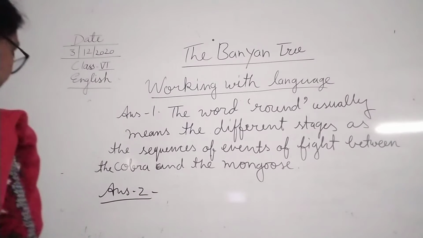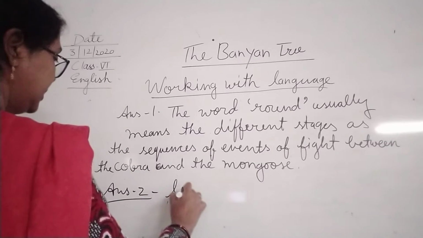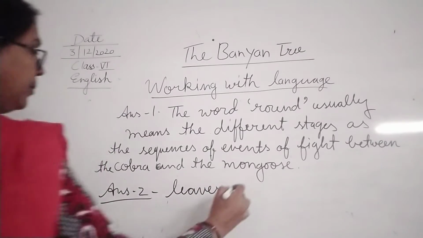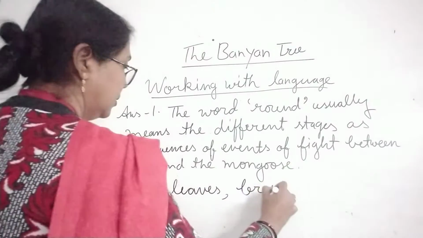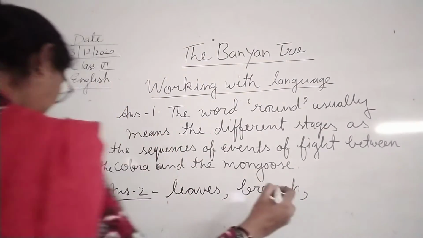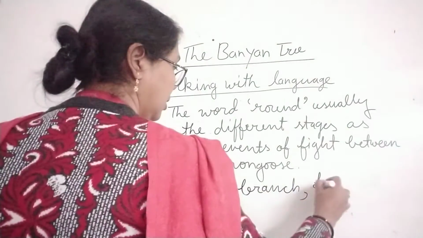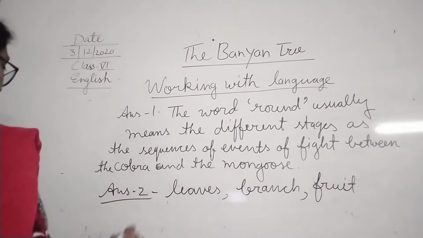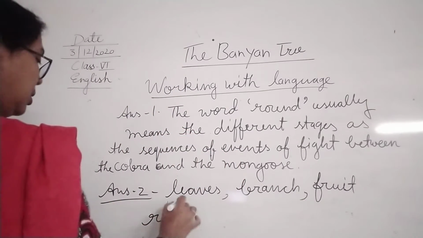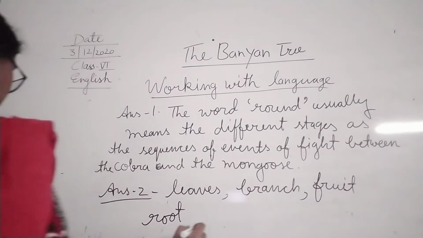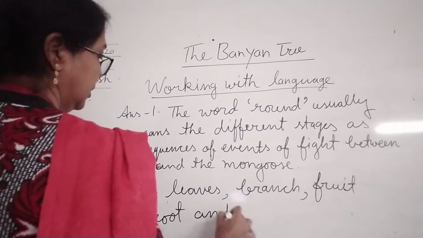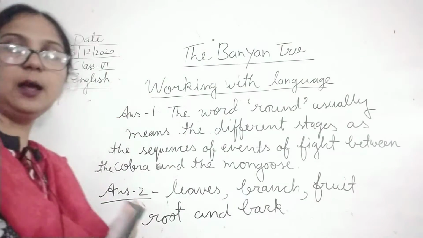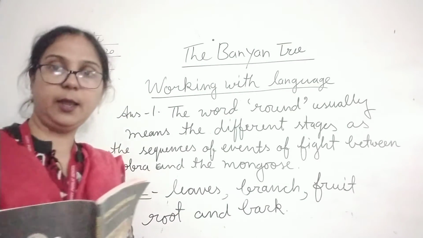First is leaves, second is branch, third is fruit, fourth is root, and bark. So these are the words you can find in this paragraph and just underline them.